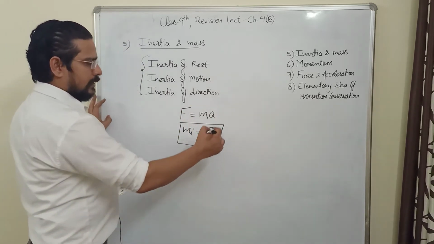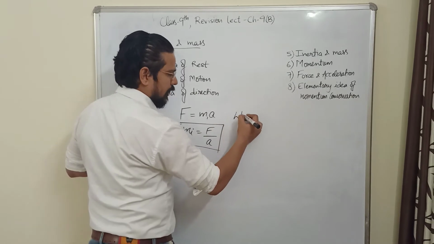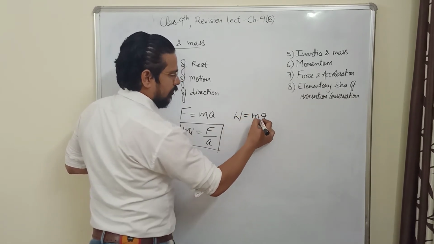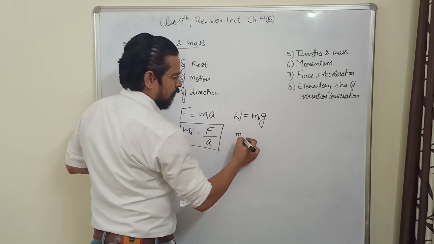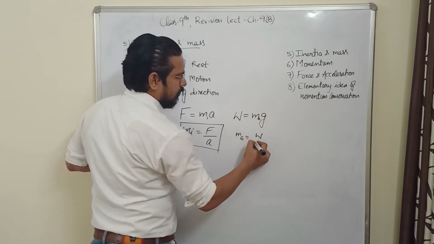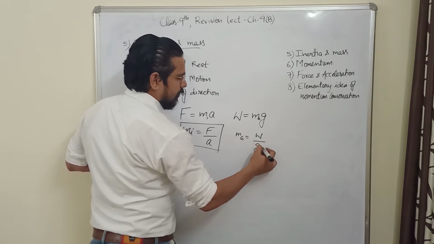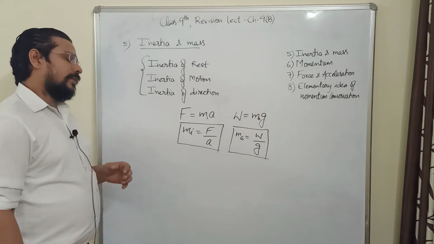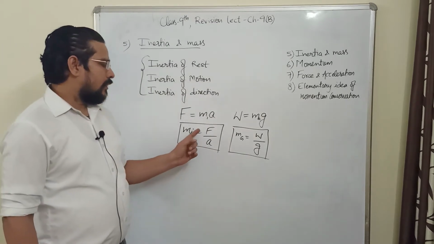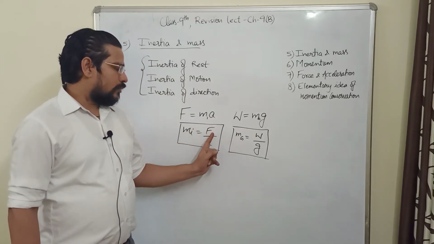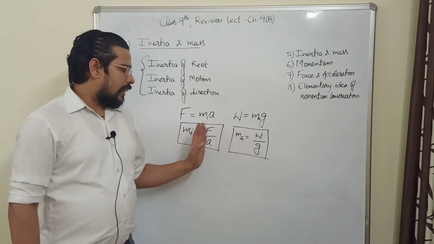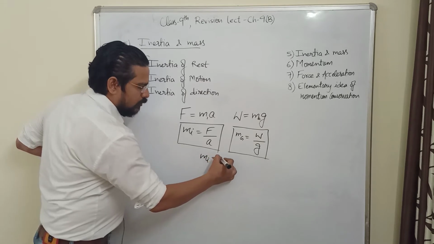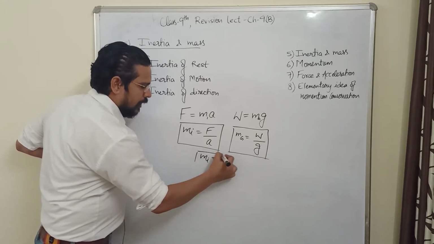But as we know, gravitational force, weight W is equal to mg, where m is the gravitational mass, which is again equal to weight of an object divided by acceleration due to gravity. So these two equations show that both the masses are force divided by acceleration and they are the same. Inertial mass of an object is equal to its gravitational mass.